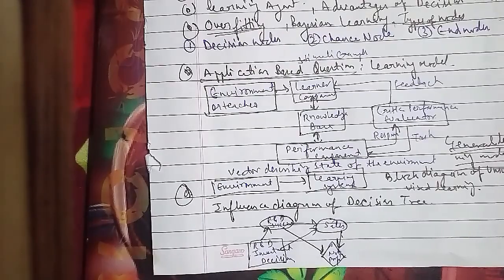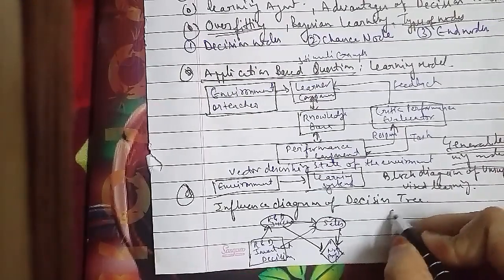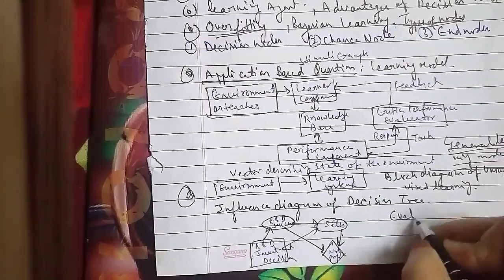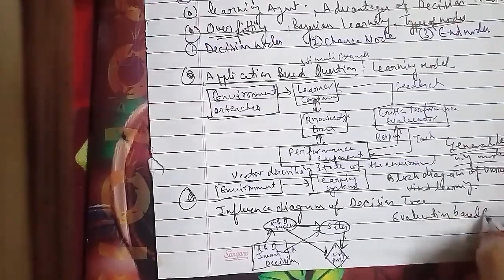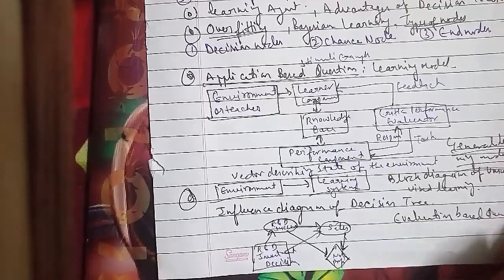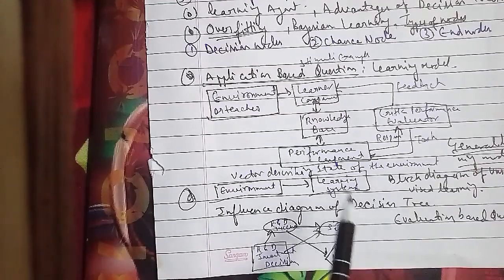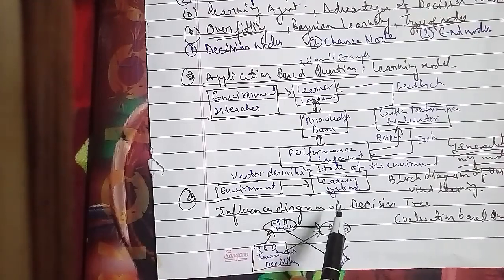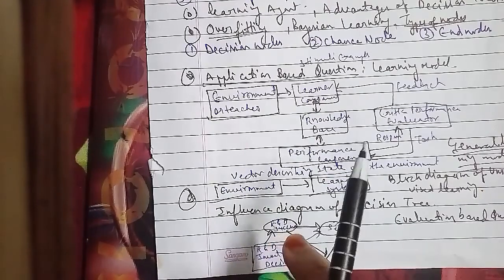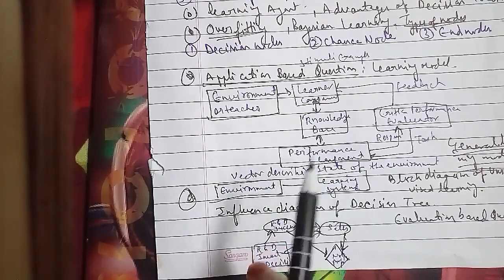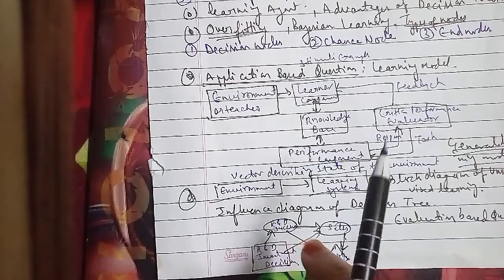The first question is: this learning defines what to do, how to map situations to actions so as to maximize a numerical reward signal, and the learner is not told which action to take as in most forms of machine learning, and it is defined not by characterizing the learning method but by characterizing a learning problem. Name the learning method.